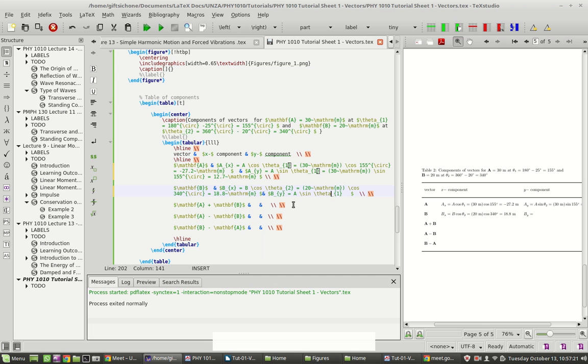The magnitude of vector B multiplied by the sine of the angle it makes with the positive x-axis. So what's the magnitude of vector B? 20 meters. Then the angle is how much? 340 degrees.